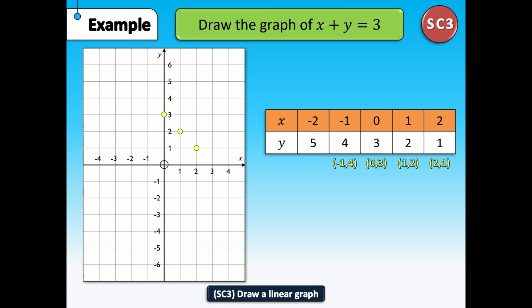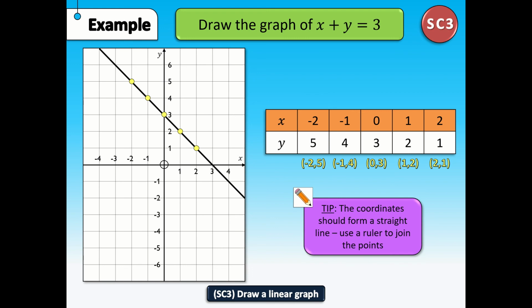The coordinate minus 1, 4, which would go there, and then the coordinate minus 2, 5, which would go there. Once again, they should all make a straight line, and we can draw a line through all of the points. And that is the graph of x plus y equals 3.